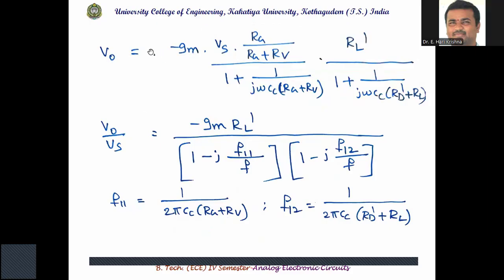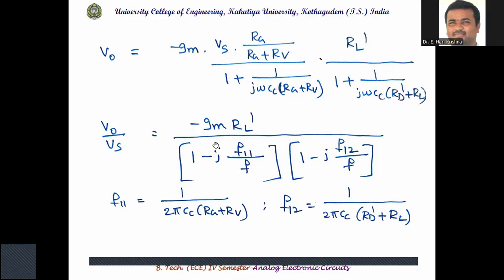So V0 is equal to minus gm Vs into RG by RG plus RV multiplied by RL dash, over 1 plus 1 by j omega Cc into RG plus RV, times 1 plus 1 by j omega Cc into RD dash plus RL. And Vs taken to this side, minus gm RL dash, and this value is 1.